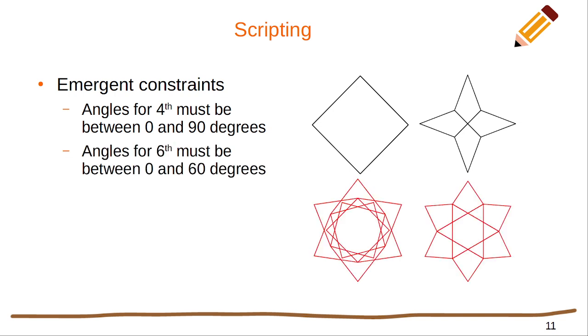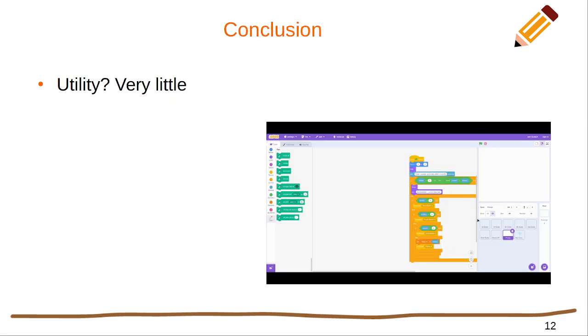For the 6-pointed star, interior vertices had to be spaced between 0 and 60 degrees from the orthogonal to prevent the shape from breaking down completely. In terms of practicality, this exercise has no utility, but it was a neat little project that I got to spend time on while I wasn't studying or working. And in the end, I built an algorithm that lets me draw perfect stars to reference whenever I want.